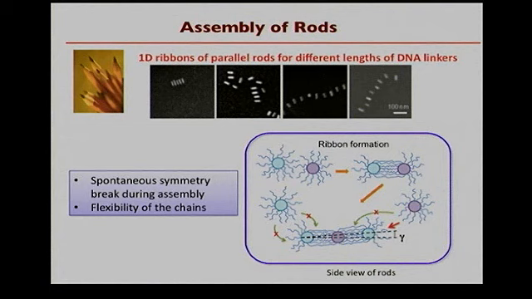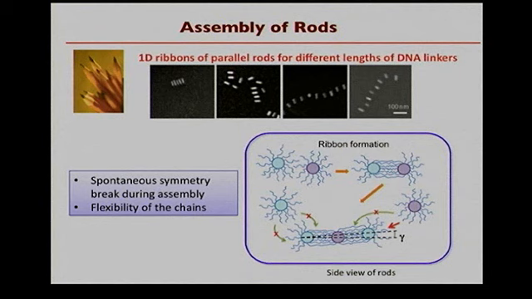If chains are long enough and flexible enough, when two rods come together and chains want to hybridize, they will be able to be consumed within those two cylinders between the rods. So when another particle comes, even if it has the right recognition, it will not be able to join anywhere here. It will basically be forced to join in linear fashion, which promotes linear growth, something which you have seen here on the top.